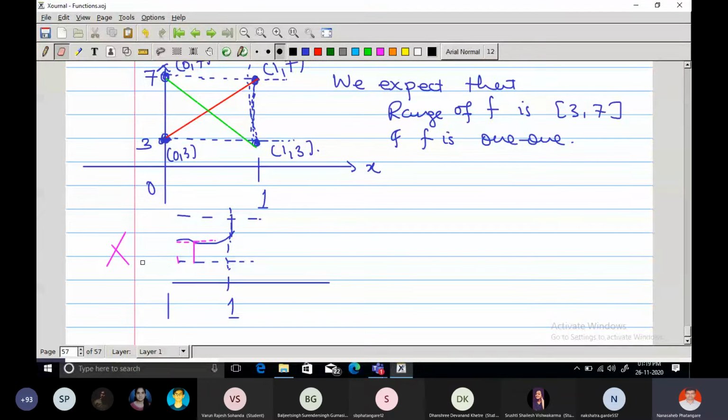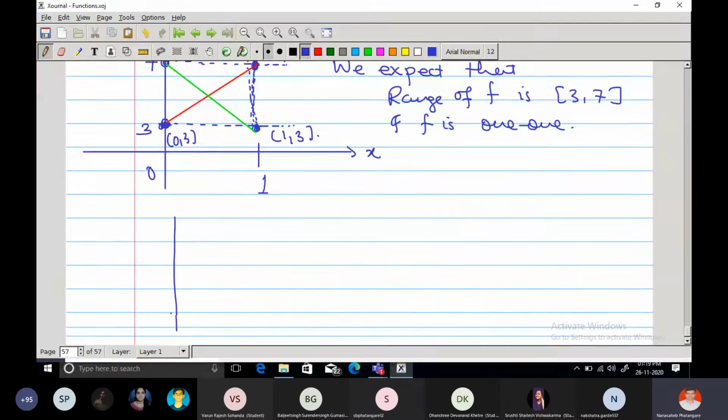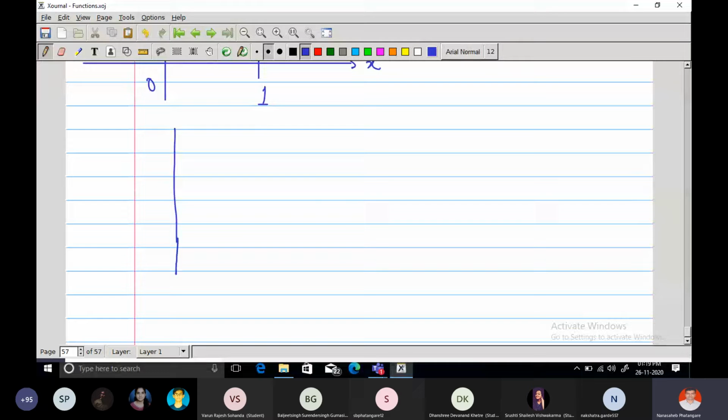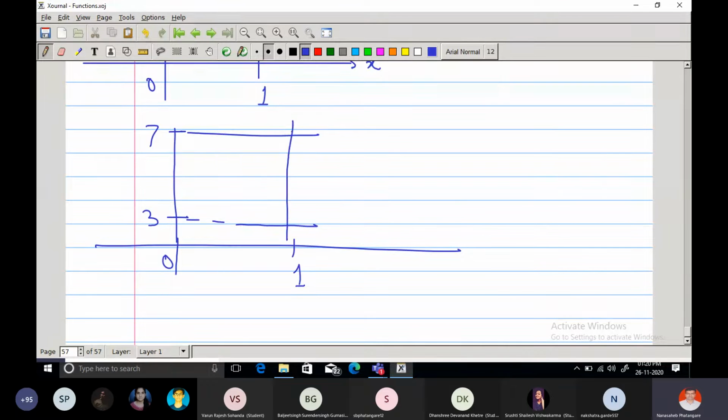Because the point is, what is the bijective function from the graph? See this figure: 3, 7, 0, 1, and our graph will be in this.